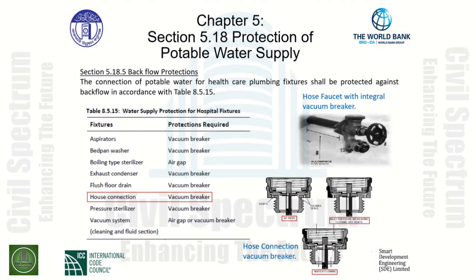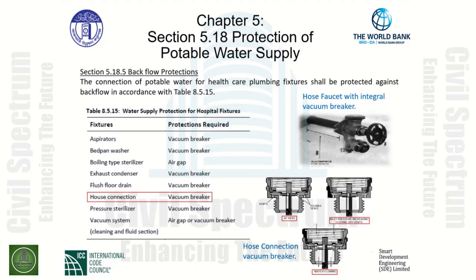In section 5.18.5, the connection of potable water for healthcare plumbing fixtures shall be protected against backflow in accordance with Table 8.5.15. This gives us water supply protection for hospital fixtures.